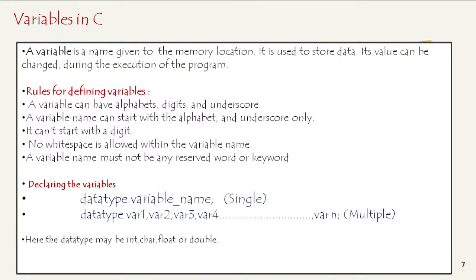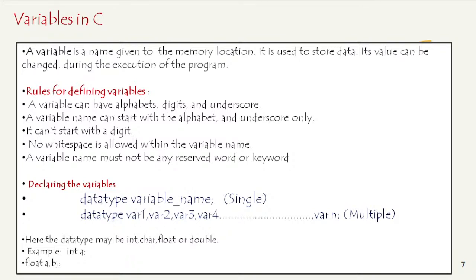Here, the data type may be integer, character, floating point or double. The examples of variable declaration are int a, char name, char gender, float salary. You can take any of these. Those are examples of declaring variables.